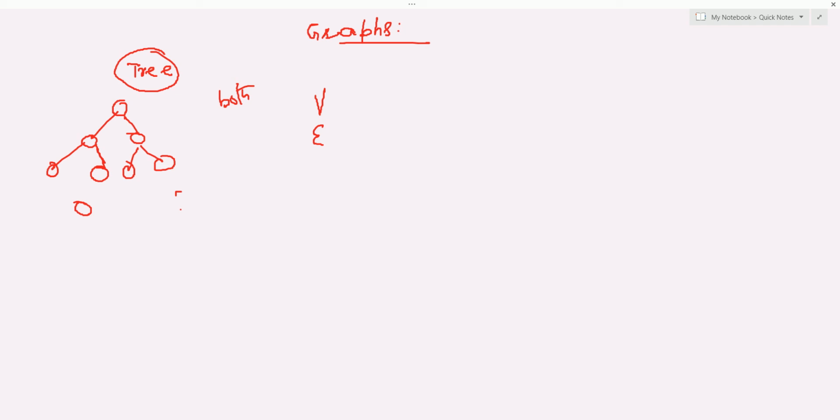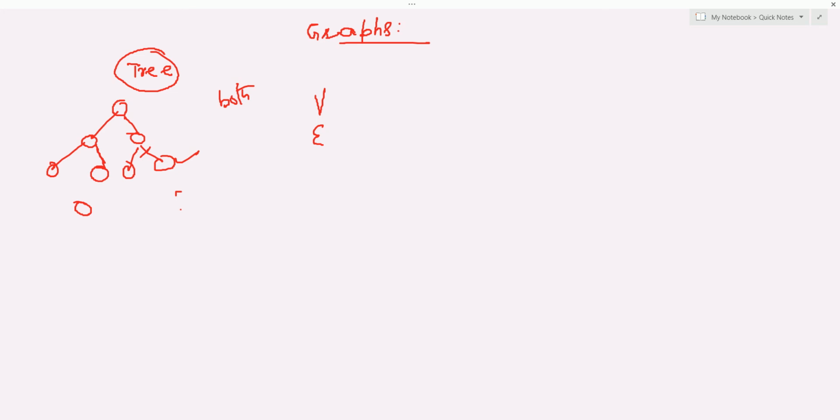Here we have the vertices as nodes, and we have the edges like this. So a tree is also a graph. But a tree is a special kind of graph because we don't have cycles in it, so it is an acyclic graph. So if we talk of graphs, a graph can be cyclic, a graph can be acyclic.